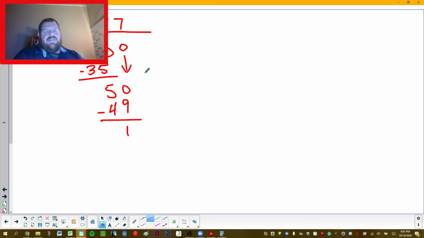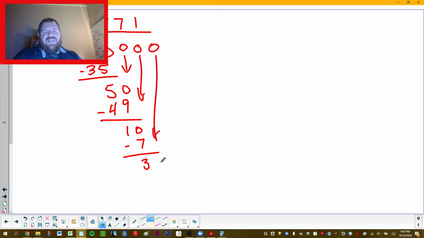Subtract. Bring down a 0. Wish I had a grid like they had. How many times does 7 go into 10? Once. That's 7. Subtract. See how they didn't give us enough room here? 30. How many times does 7 go into 30? 4 times. That's 28. Subtract, 2. I still haven't found a repeating pattern yet.